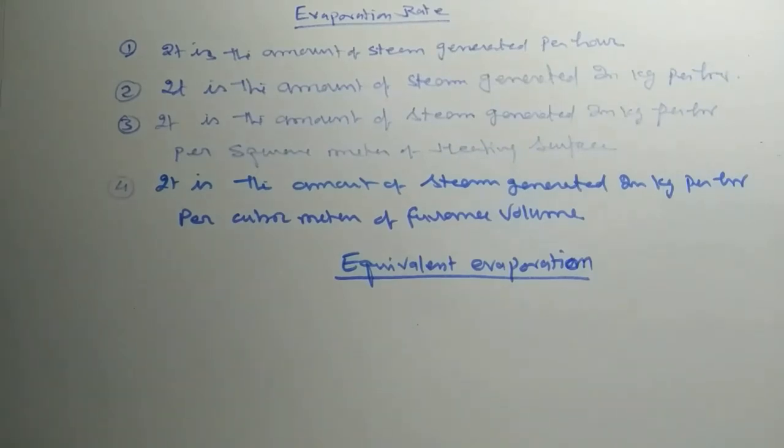It can be defined as the quantity of steam generated per hour while feed water temperature is 100 degrees centigrade and steam is generated at 100 degrees centigrade at a pressure of 1 bar, or at a standard condition.